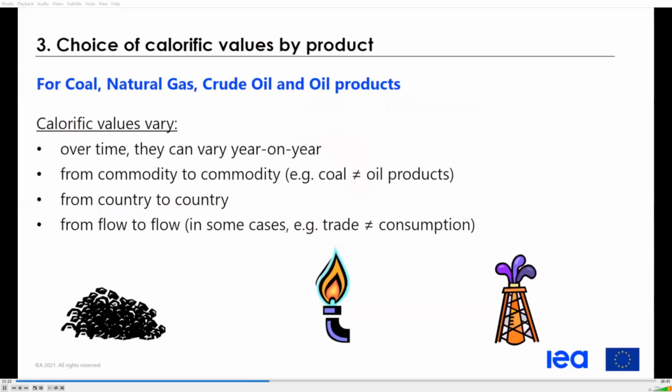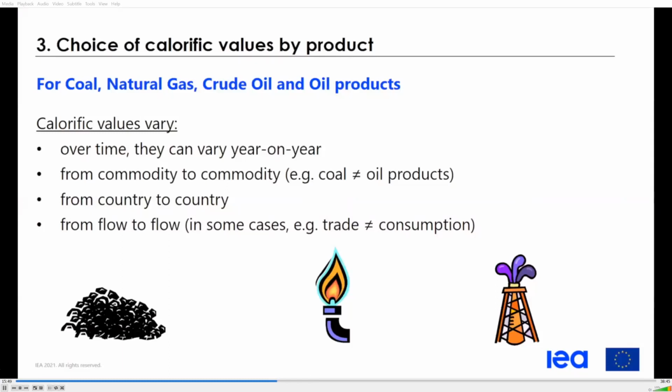Generally, the IEA adopts country-specific, time-varying, and for some products, flow-dependent net calorific values supplied by national administrations for most products. For coal, the IEA has adopted specific factors supplied by the national administrations for the main categories of each quality of coal and for each flow or use.